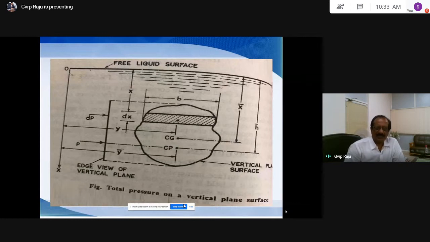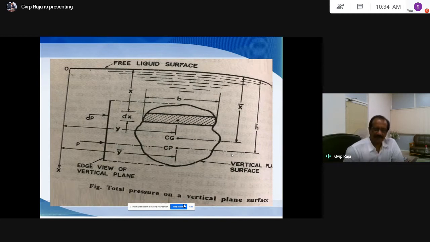Let us say this is the vertical plane surface. We have a CG distance x bar here. He has given a vertical circular surface. The question is asking the distance between the center of pressure and center of gravity when the depth of immersion is doubled.